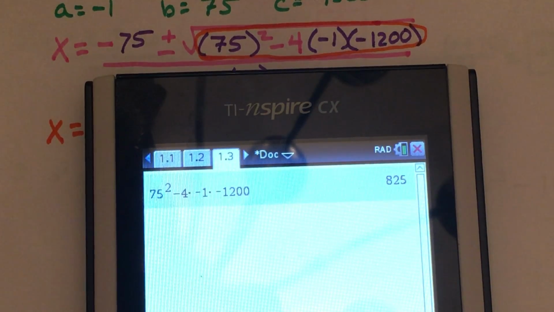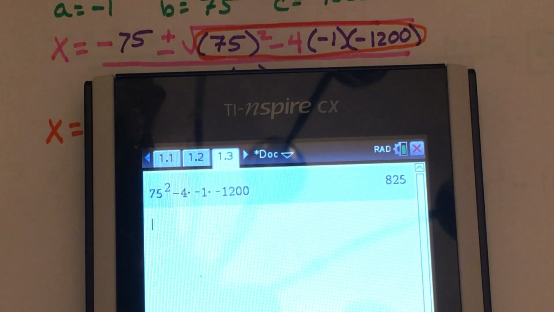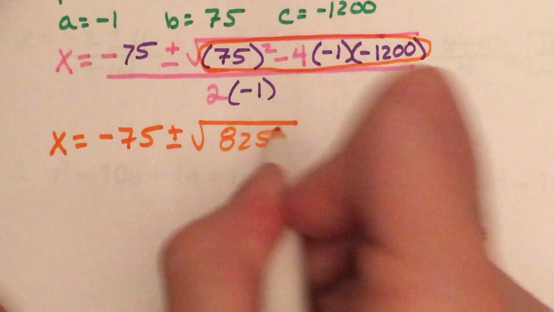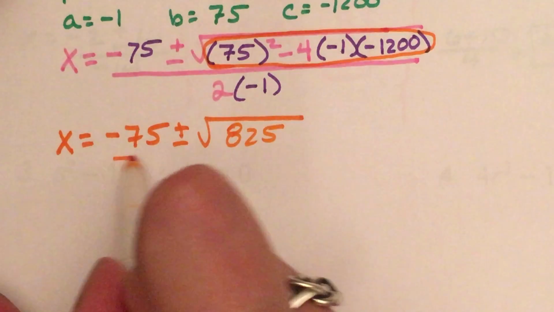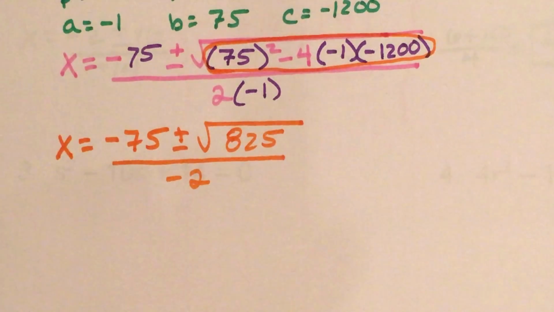What did you get? Did you get 825? Good job. All over 2 times negative 1, negative 2.